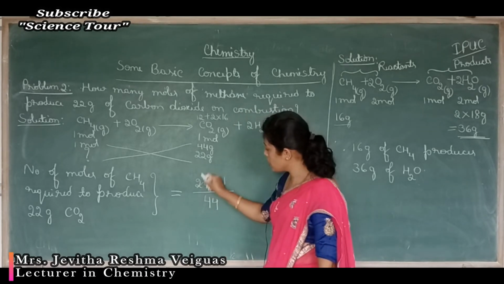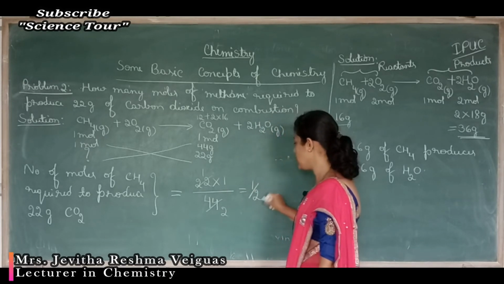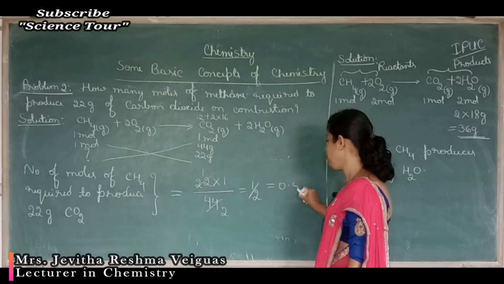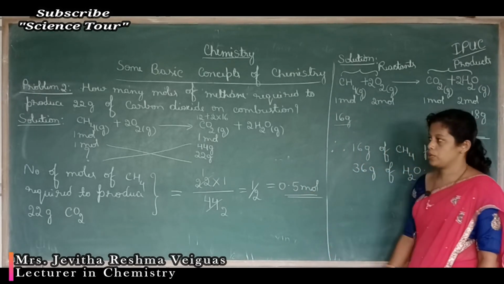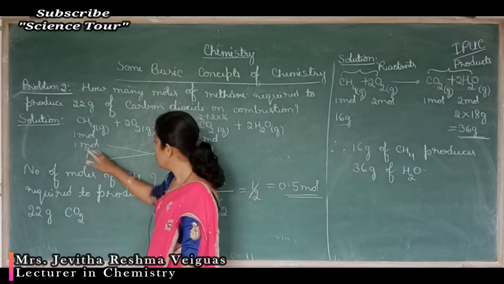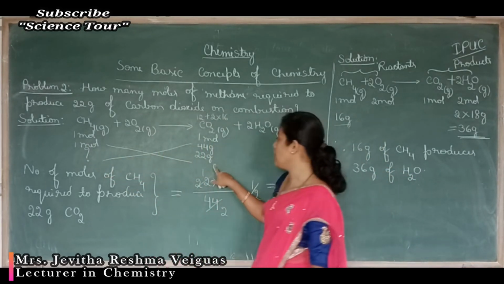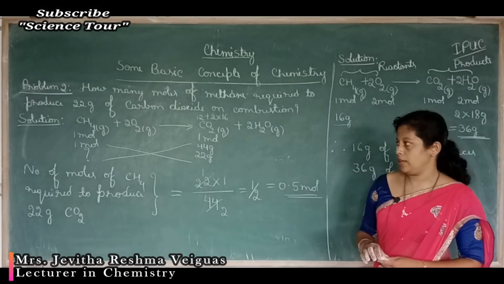Here 22 ones are 22, twos are 44. So 1 by 2 is nothing but 0.5 moles. Answer is 0.5 moles. So we can conclude that 0.5 moles of methane on combustion produces 22 grams of carbon dioxide.